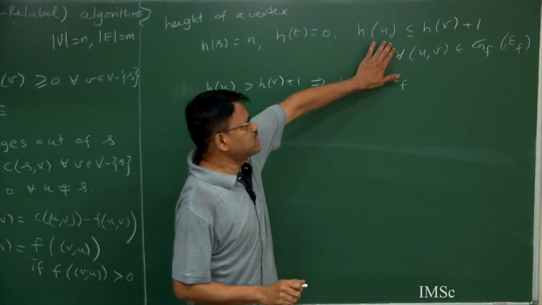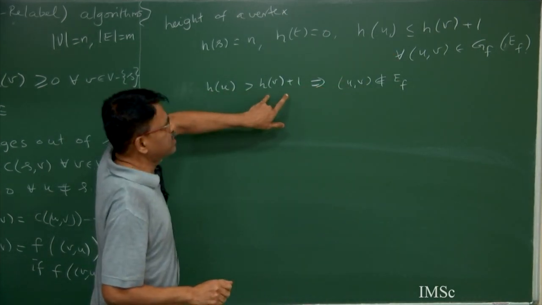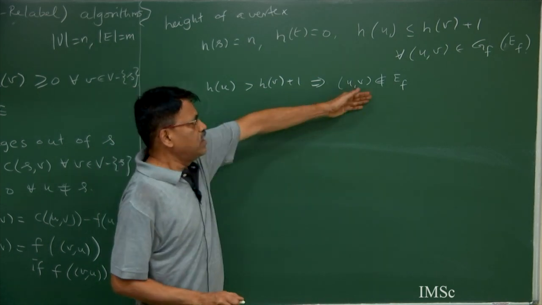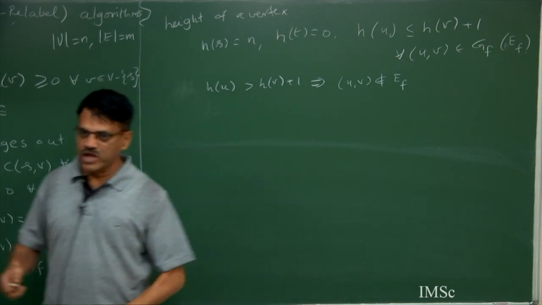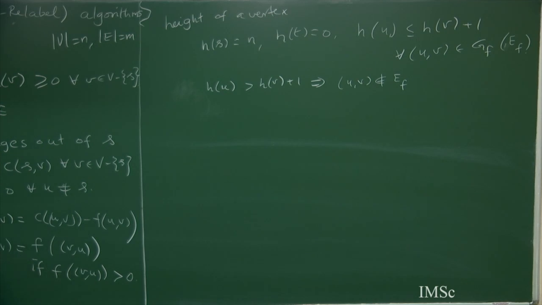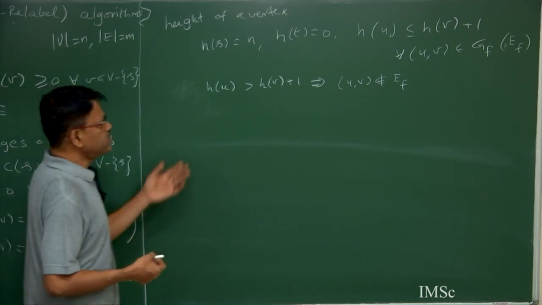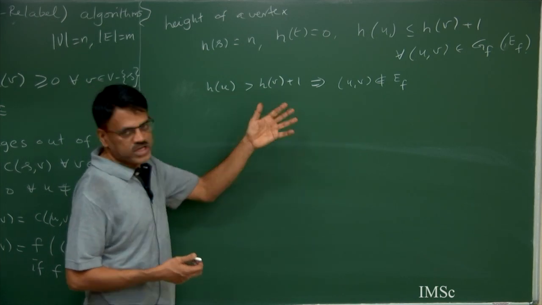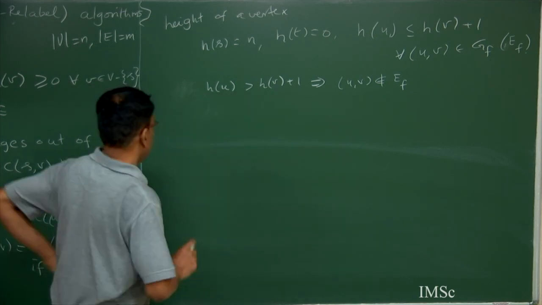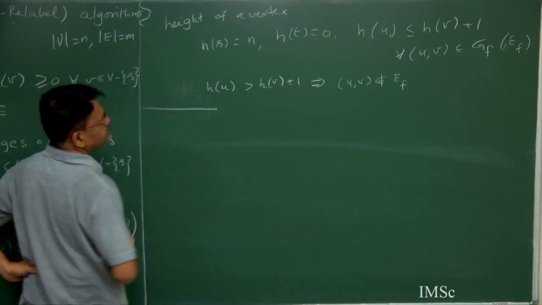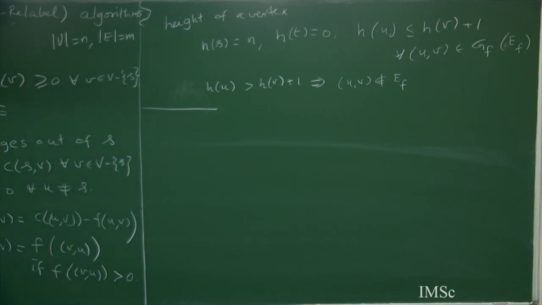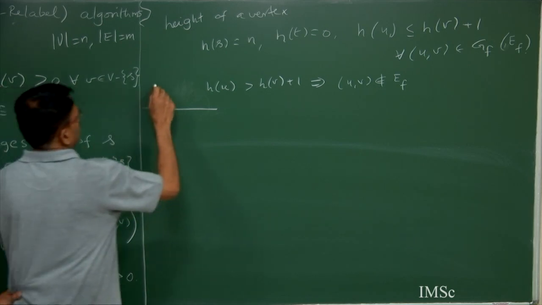This condition tells me that if h(u) is strictly greater than h(v) plus 1, then that edge does not have a residual capacity to push anything anyway. So we will always push when h(u) is equal to h(v) plus 1. Okay, so some sort of a corollary of this condition.